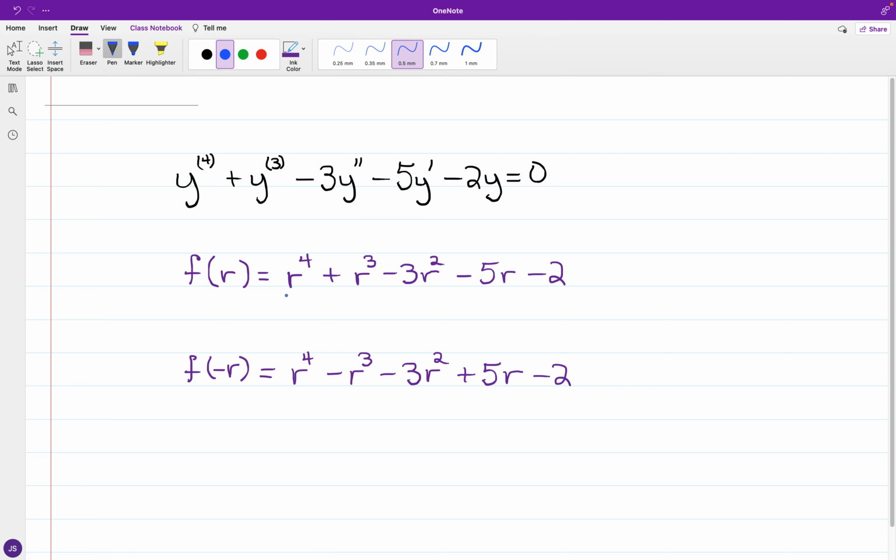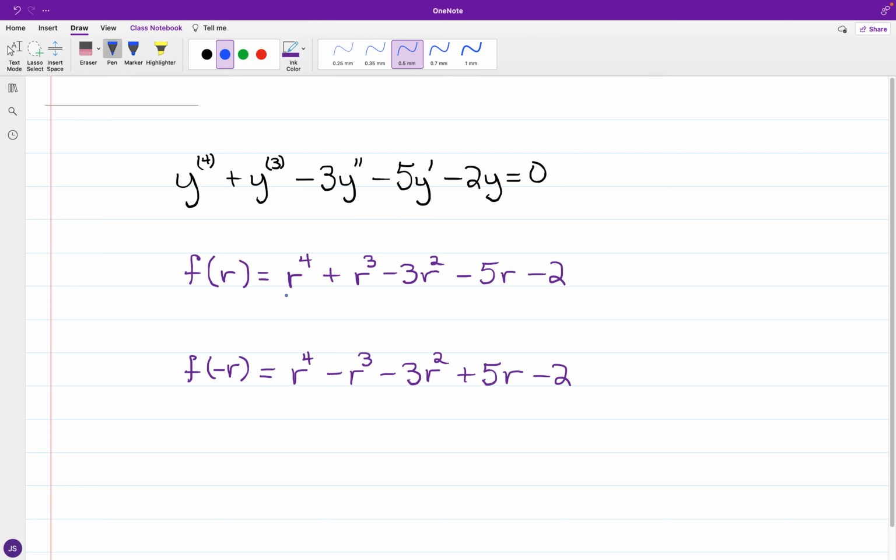And in terms of the integer roots of q, with q at negative 2, the only integer roots are plus or minus 1 and plus or minus 2.